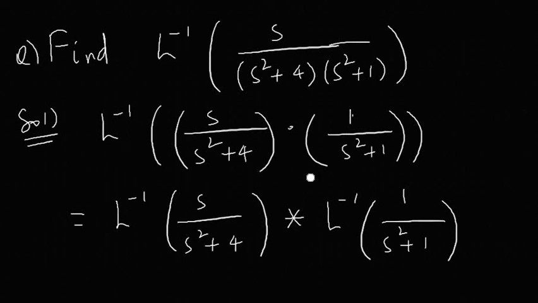So L inverse of this product is L inverse of the first function convoluted with L inverse of the second function. So L inverse of this one is nothing but, you all know that it is 2 square, so I'll take it as cos 2t. So star, it will be sin t.